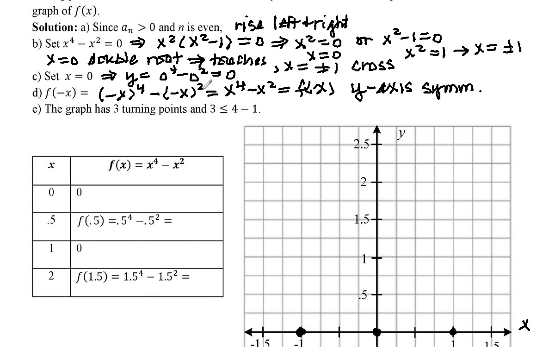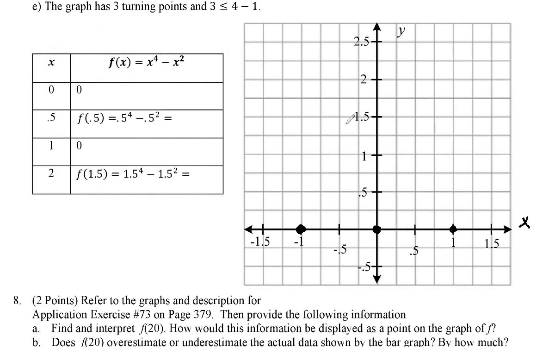And then the y-intercept is at 0, so we've already got that plotted. And now we'll go ahead and plug in some points here. So we know at x equals 0, it's equal to 0, and at x equals 1, it's equal to 0, because those are x-intercepts. Let's go ahead and plug 0.5 into our x to the 4th minus x squared.